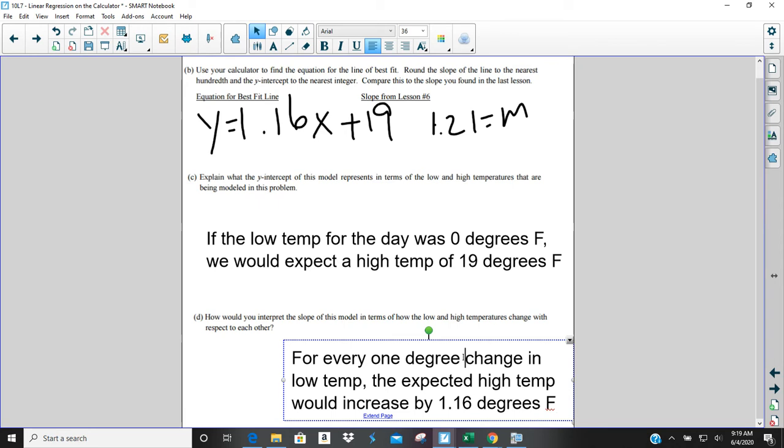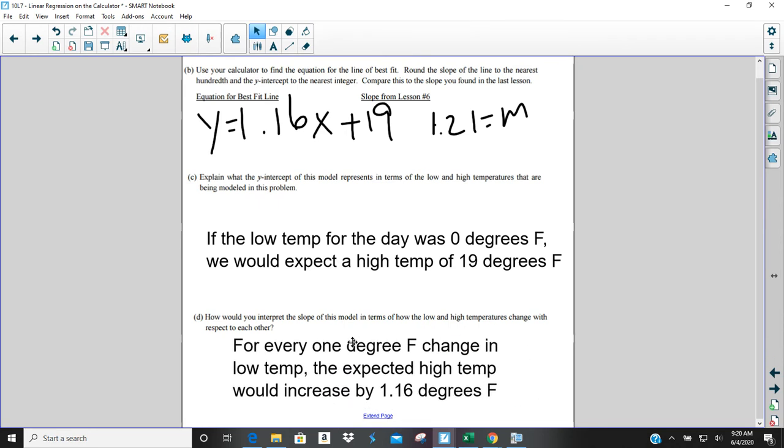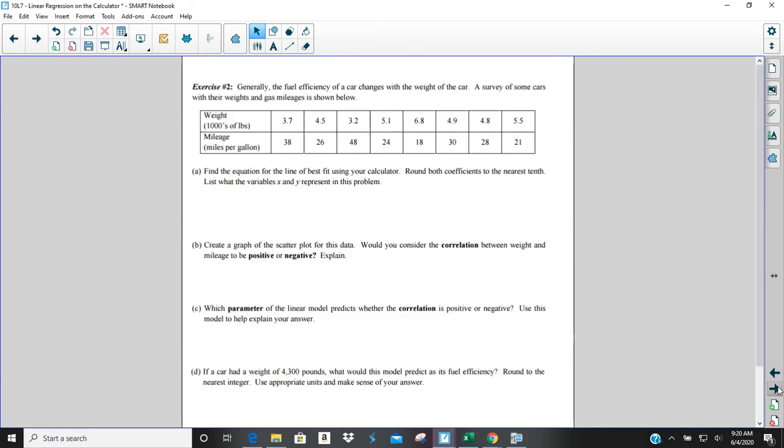I'll write Fahrenheit here too. And I need to say increase because it's positive. If the slope was negative, which is completely fine, we would then see it going down. Okay. Fabulous. Let's move on. So now we're talking about weight of a car and the gas mileage.